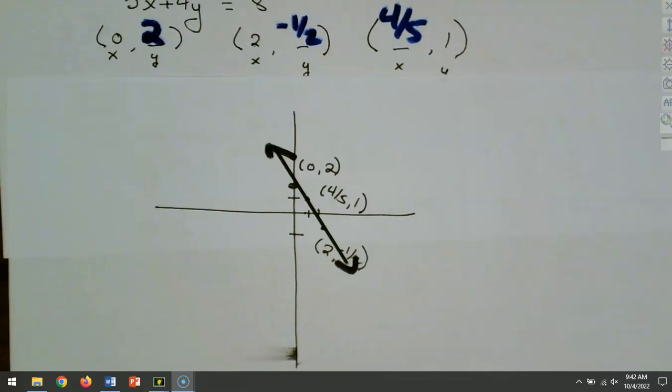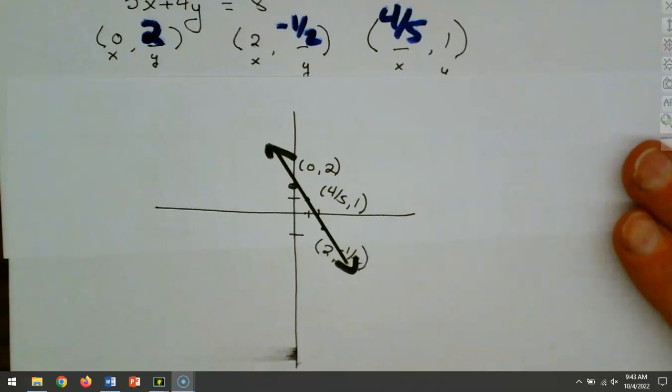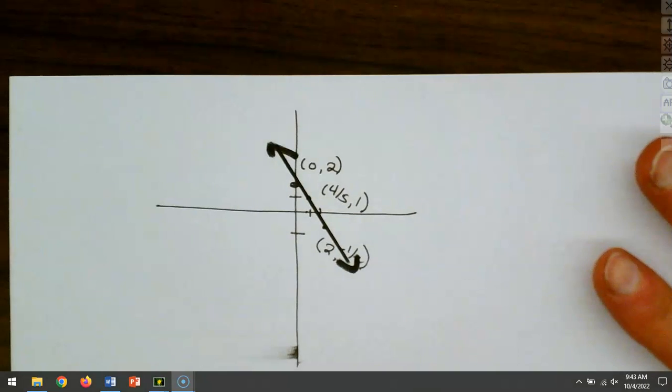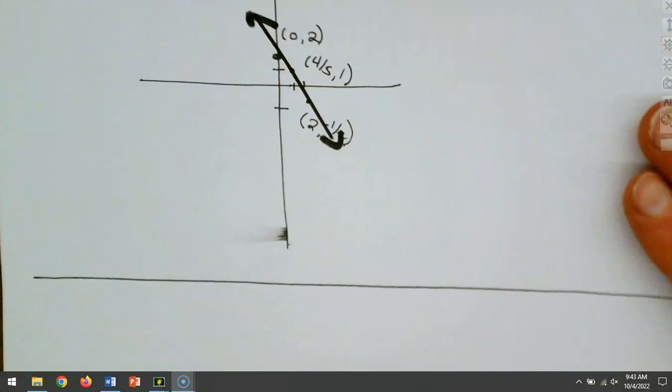Now, when we work with ordered pairs, there's a couple of other things that we can do. We can find the midpoint and we can find the distance between two ordered pairs. So these are two formulas that we're going to be looking at. Let's go ahead and look at some of these.